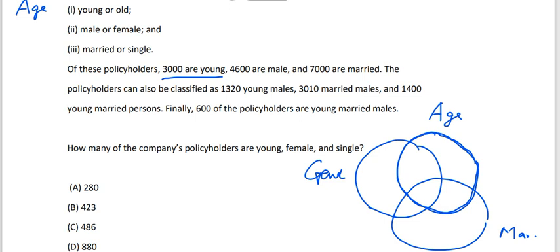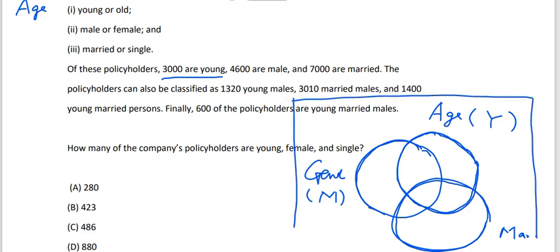So maybe you can put this here means young, and outside means old. Here for gender, this part means male, outside means female. Here, the inside means married, and outside is single. So maybe we just use this.